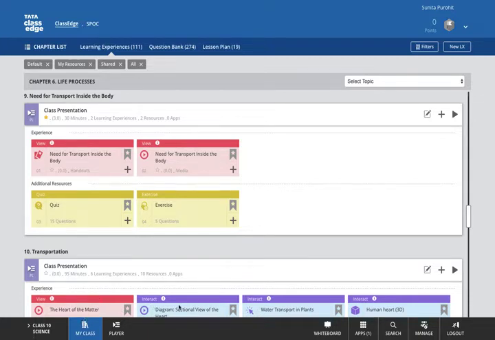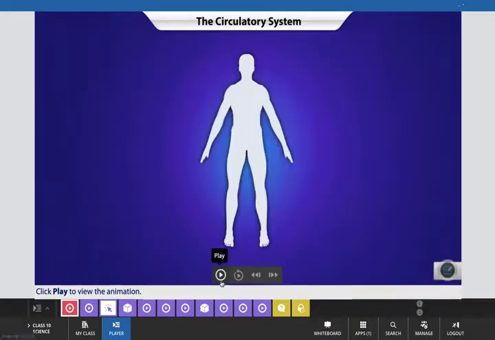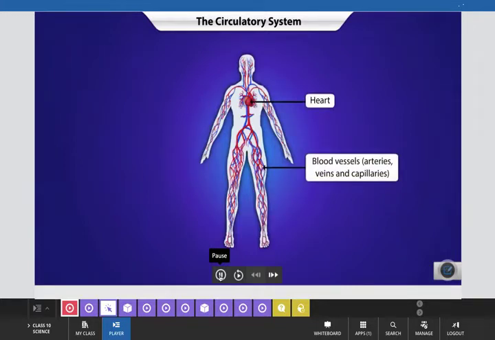Now here we will learn about the circulatory system in our body. In human beings, the circulatory system includes the heart and the blood vessels: arteries, veins, and capillaries.